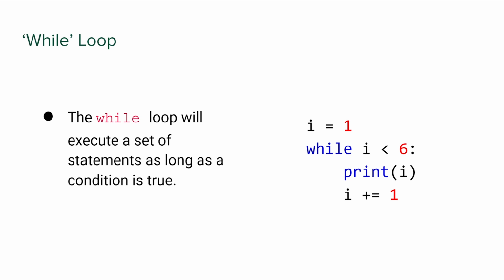If it were less than or equal to 6, then it'd be a different story. But because 6 is not less than 6, the condition is false, because 6 can't be less than 6. So the code inside the while loop is not run. Once i becomes 7, 7 is no longer less than 6, meaning that the condition in the while loop is false, so the while loop no longer runs.